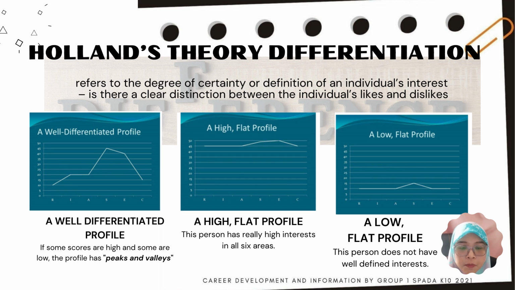The first is a well differentiated profile: if some scores are high and some are low, the profile looks like peaks and valleys. The second is a high flat profile: this person has a really high interest in all 6 areas. The last is a low flat profile: this person does not have a well defined interest.